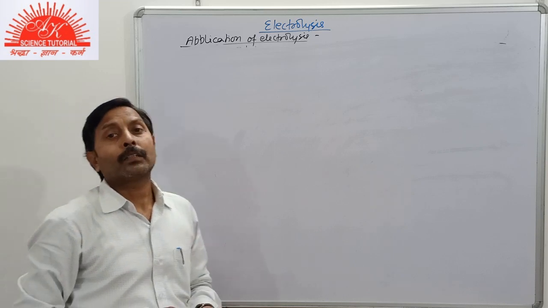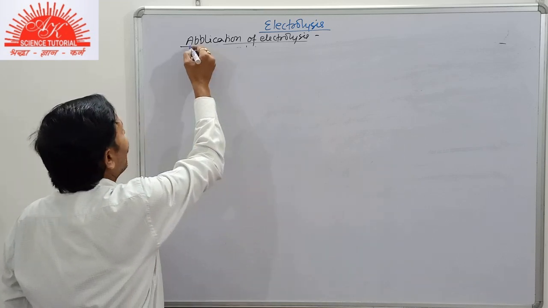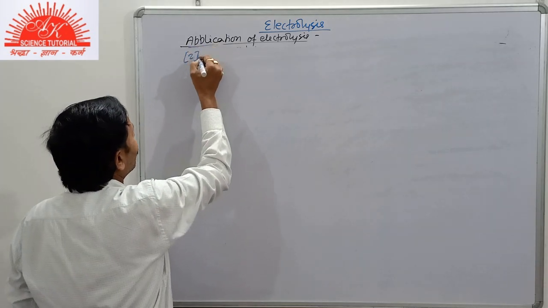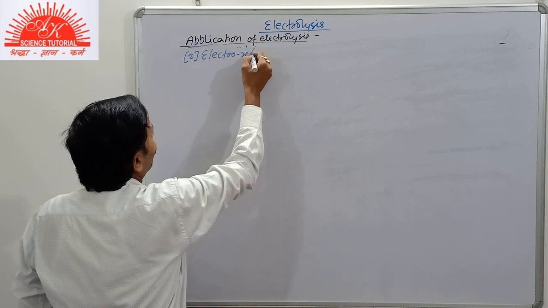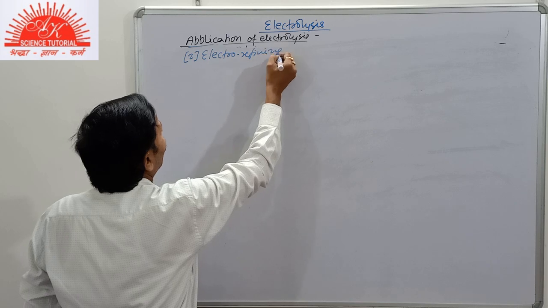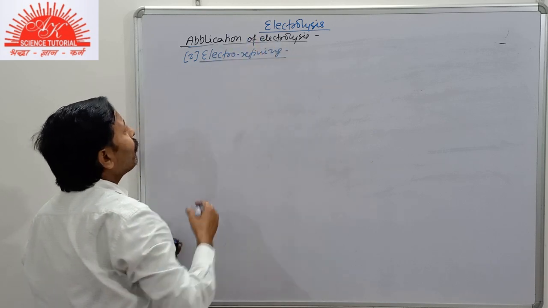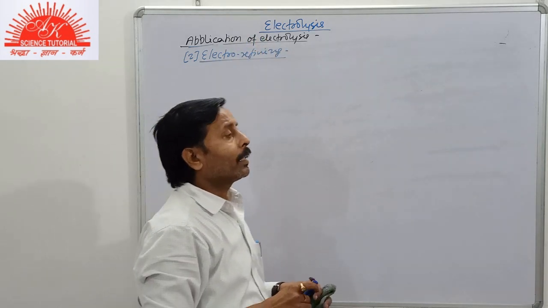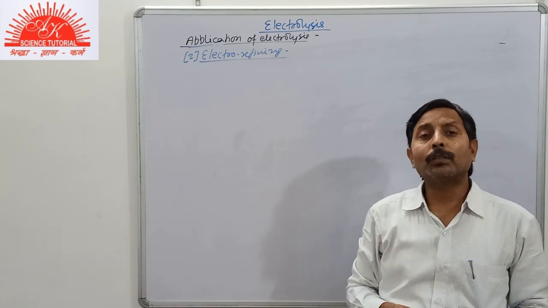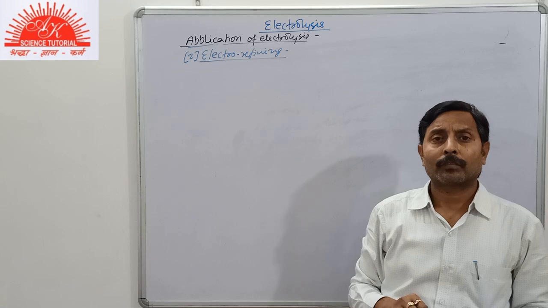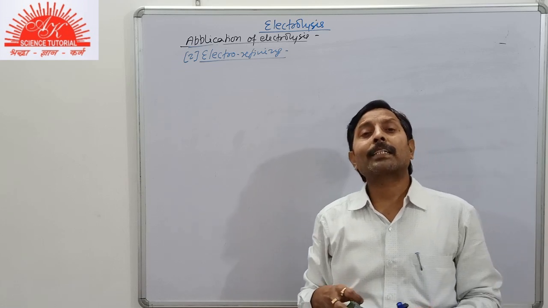Now, student, the second example application is electro refining. Electro refining, or we say purification of metal by electrolysis. This method is used industrially in extraction of metals.